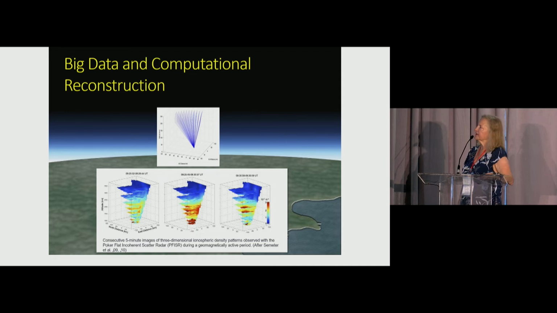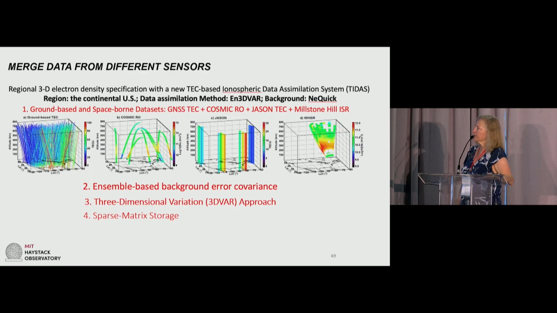So, big data and computational reconstruction. That's what's going on in the next decade, and I think all of us need to be aware of it. I think you heard from yesterday in his talk that he's merging data now from different sensors. This is ground-based TEC, spaceborne data sets, GNSS TEC, COSMIC RO, JASON, Millstone incoherent scatter.